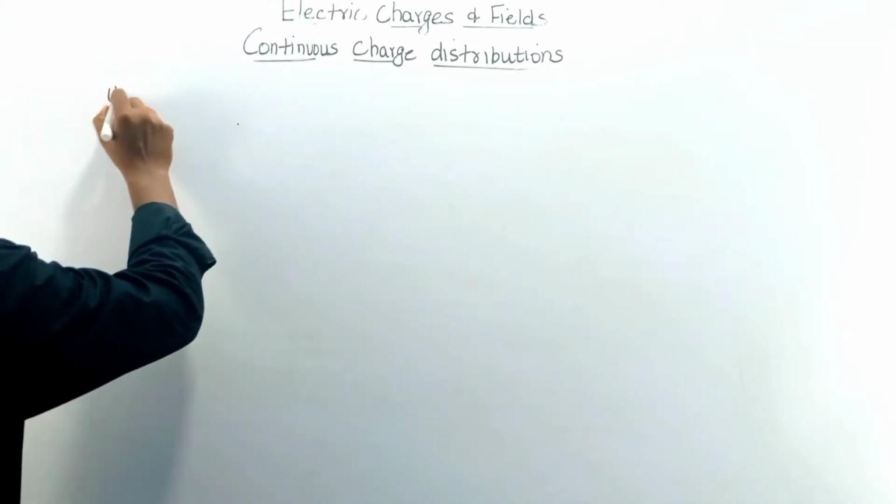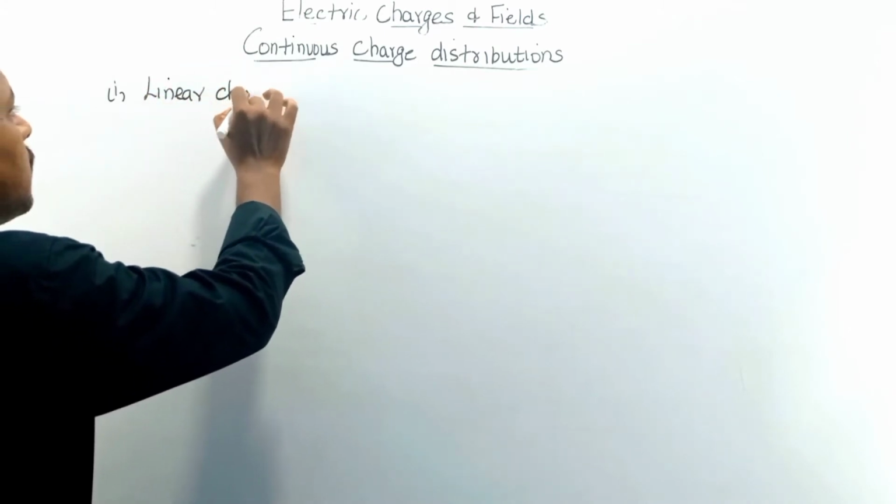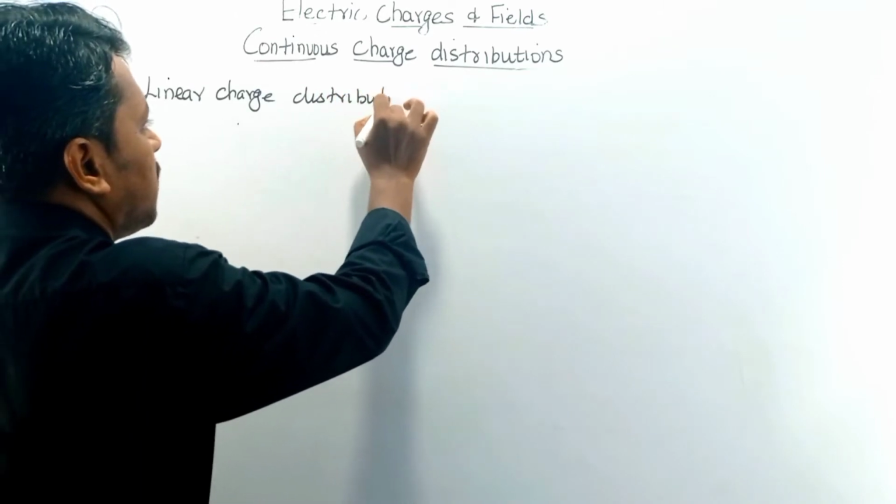First, we are going to see linear charge distribution. Which arrangement do we call a linear charge distribution?